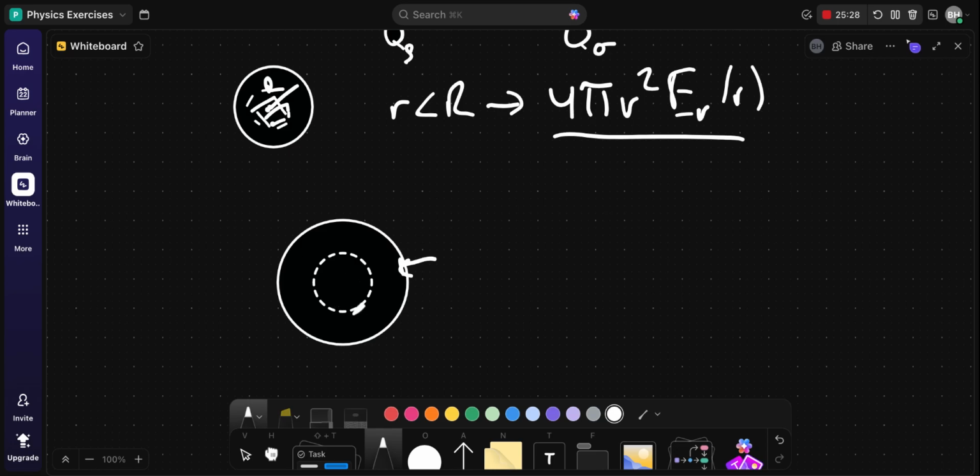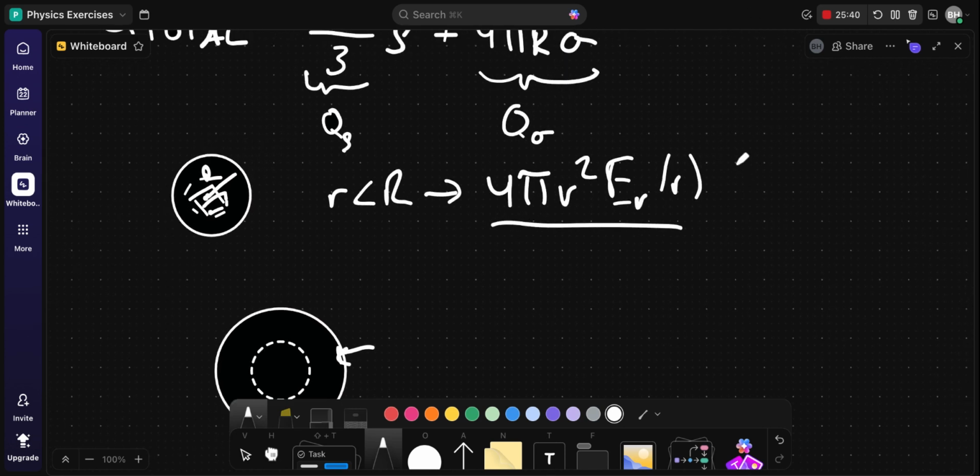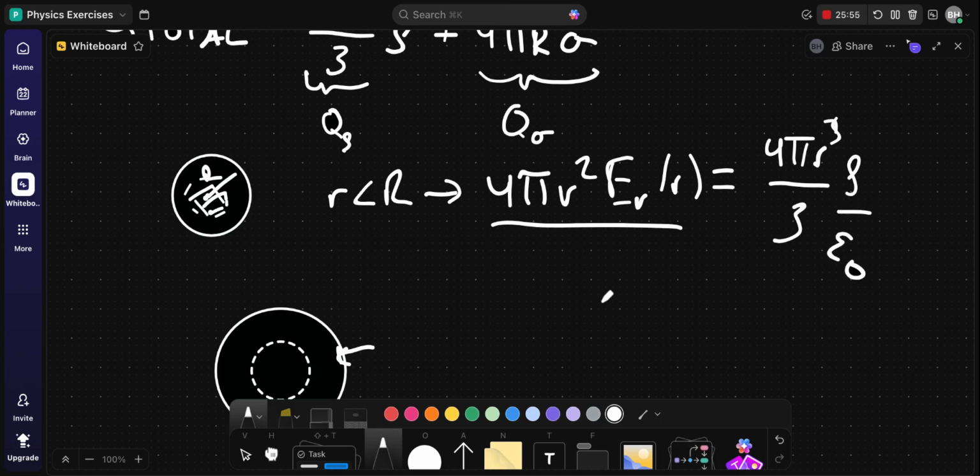So this part of the problem is exactly the same as before. In other words, the enclosed charge is given by the same formula as before. Let me move the board a bit and write the enclosed charge as 4 pi r cubed divided by 3 times rho, and I'm going to divide that by epsilon 0.